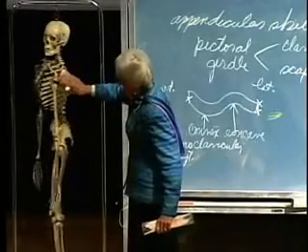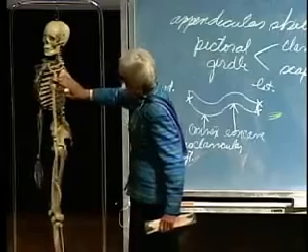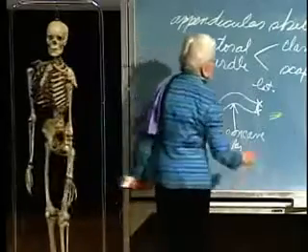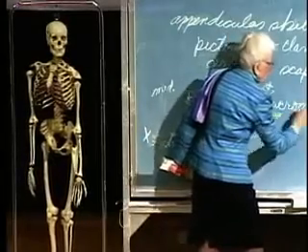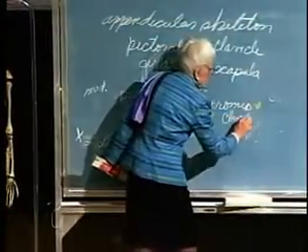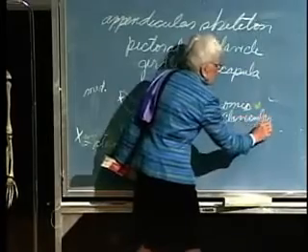Let's call it acromial, because the acromion is going to be part of the scapula. So laterally, we'll have the acromial clavicular joint.